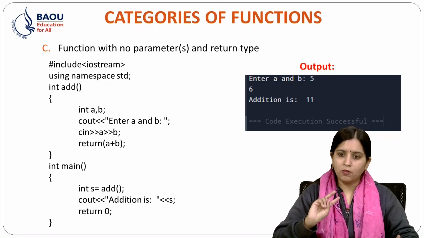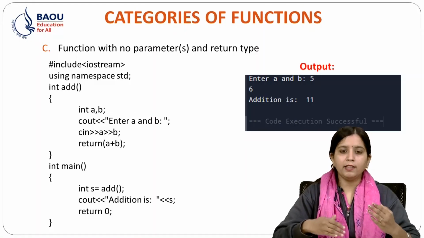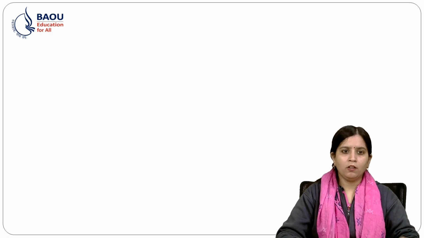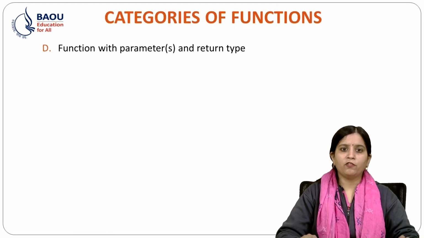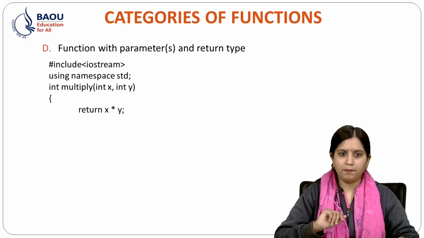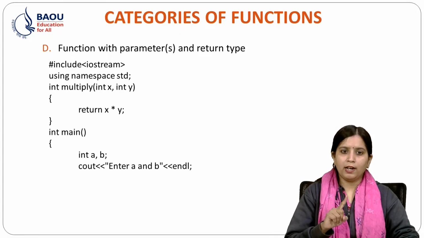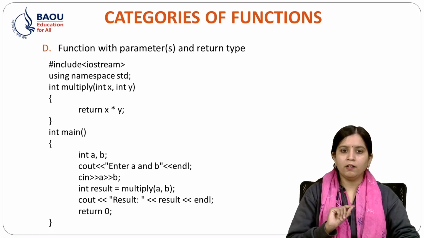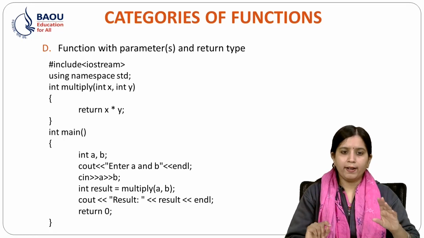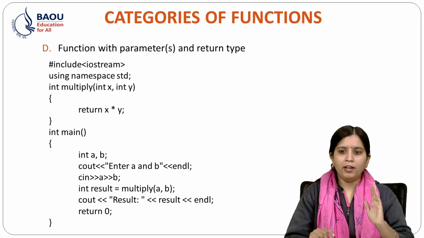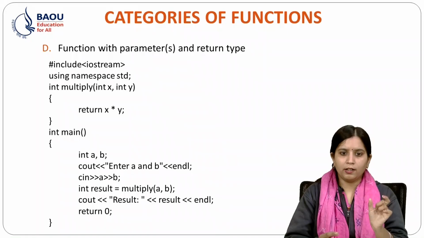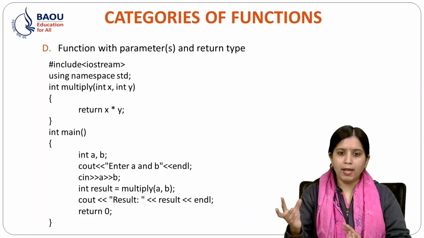Both the programs work the same, but the functionalities are different. And let's see the last category of function, that is function with parameters and return type. I have one function, that is multiply function, which has two parameters, int x and int y, and it returns x into y. So in int main I declare a and b, and then in int result I am just passing multiply a and b.